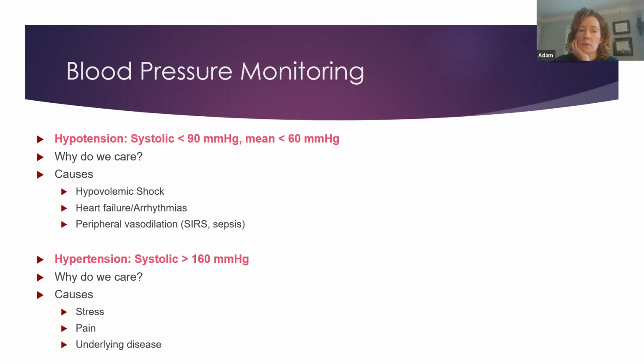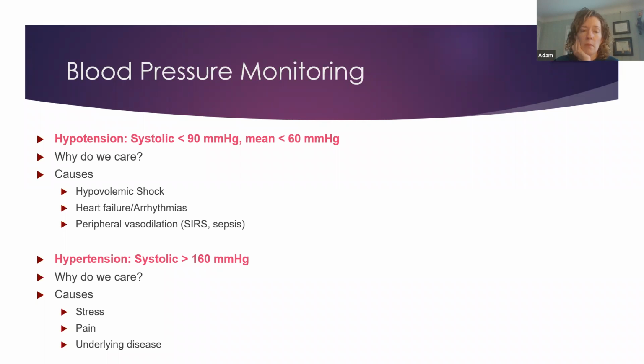In terms of causes of low blood pressure, I think the major thing most of us think about is hypovolemia. So the patient needs volume. They don't have enough blood in their cardiovascular system to provide good blood pressure. But other things that may play a role would be something like heart failure, where you have plenty of volume or sometimes too much volume, but that volume is not going in the right direction to provide adequate pressure.